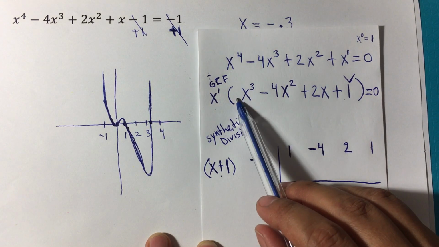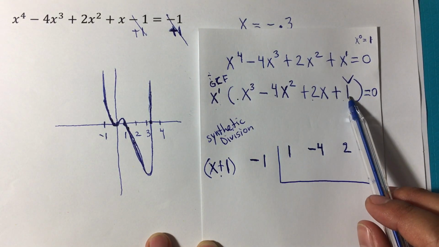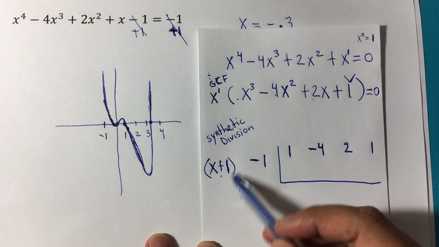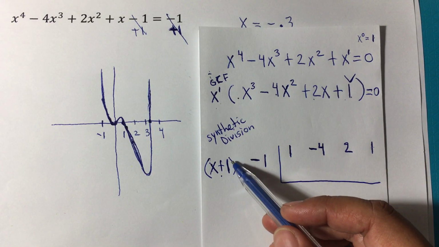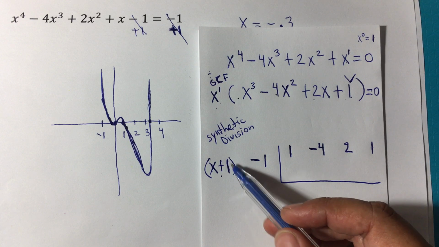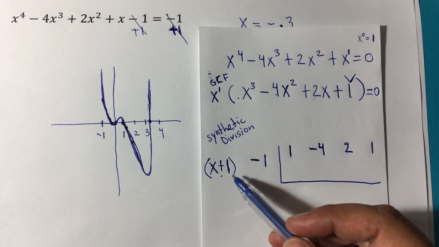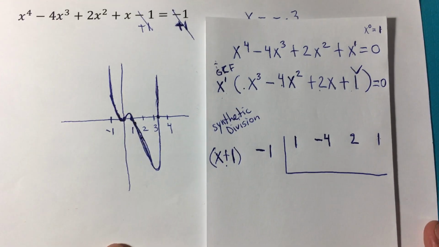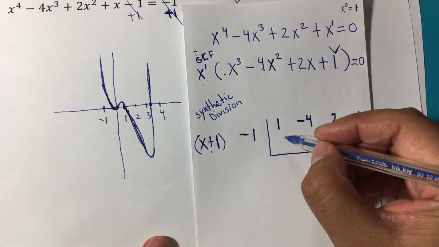You're just putting the coefficients and the constant in here. You're dividing by whatever you're trying to see is a factor. If it doesn't give us 0 at the end, then this is not a factor. And so this is how we do it.